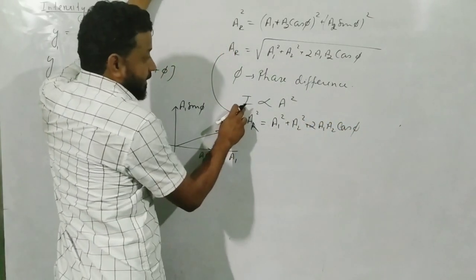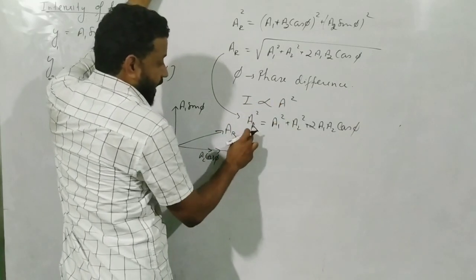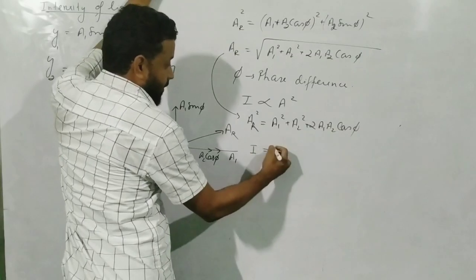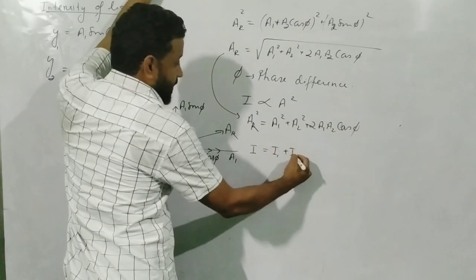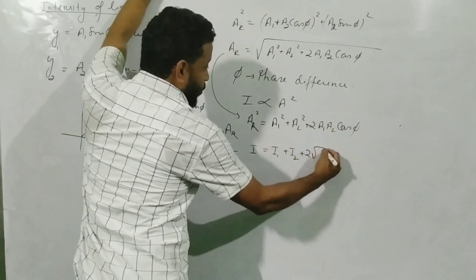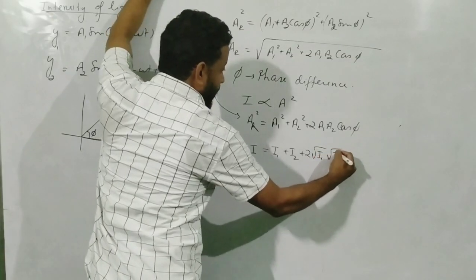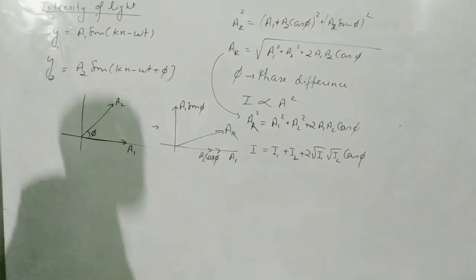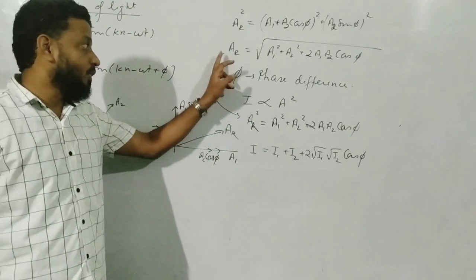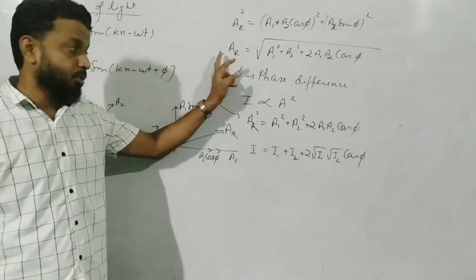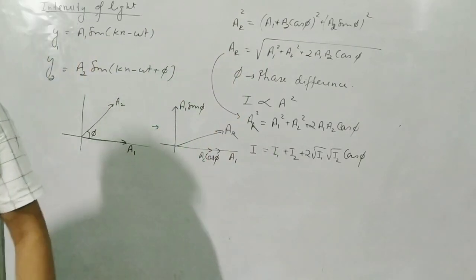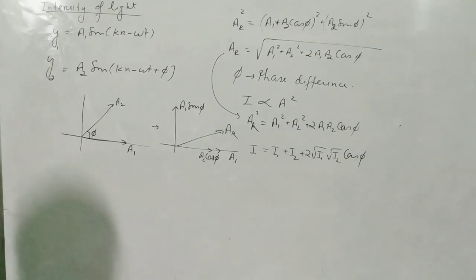And then if intensity is proportional to amplitude square, I can write this as resultant intensity is equal to intensity I1 plus intensity I2 plus 2 root over of intensity I1 root over of intensity I2 cos phi. So this is the amplitude formula to find the resultant amplitude when two waves superimpose on each other, and this is the formula of intensity when two waves superimpose on each other. Just take a note of this.